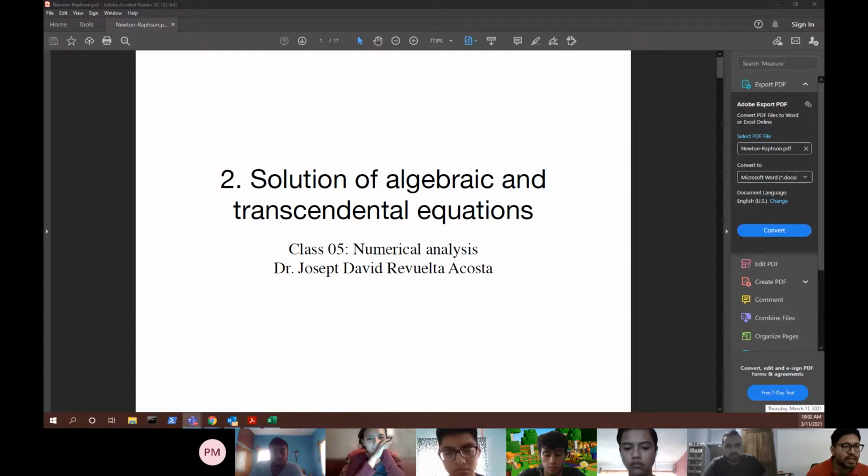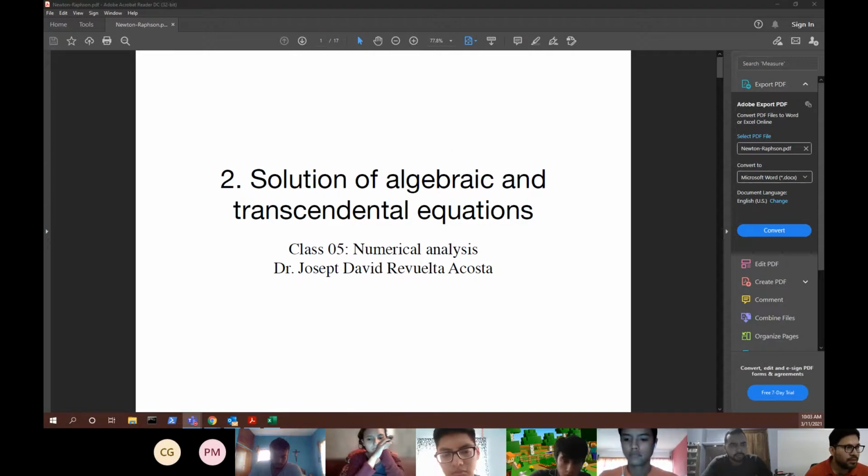This is one of the longest units because it requires a lot of review and a lot of methods to solve this type of equations, because in engineering, those are some of the most useful methods. We just have, I think, 3 methods left, and then we move to systems of equations.